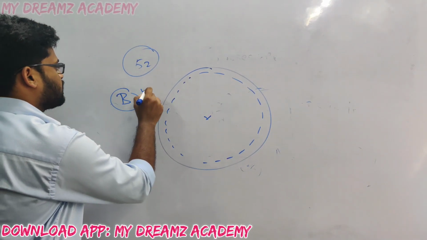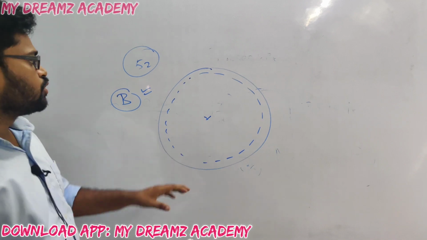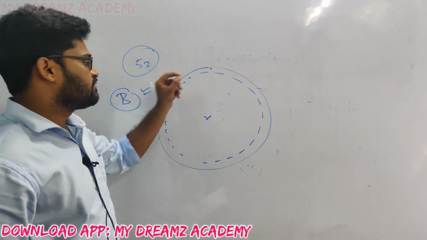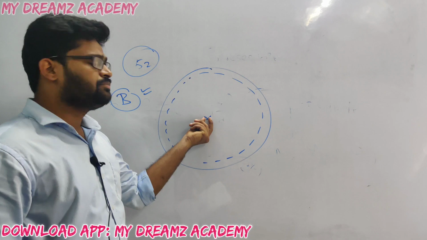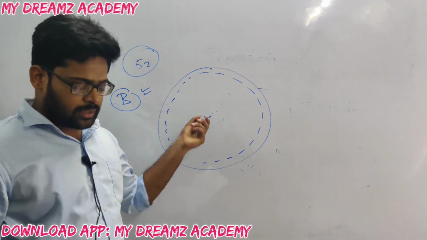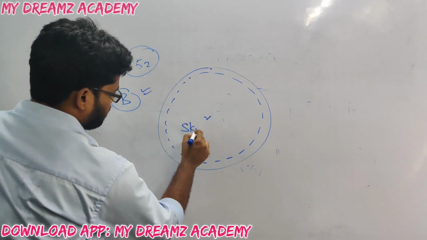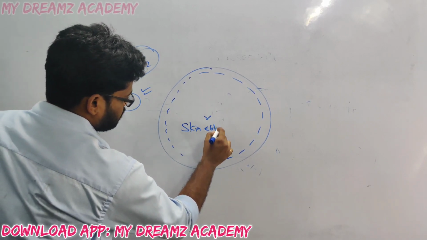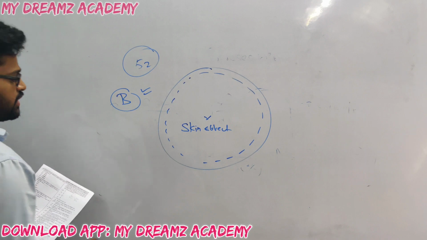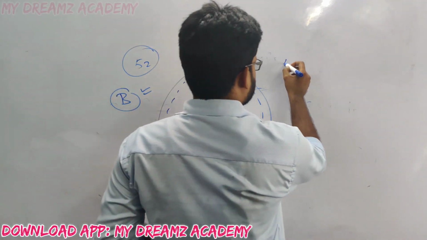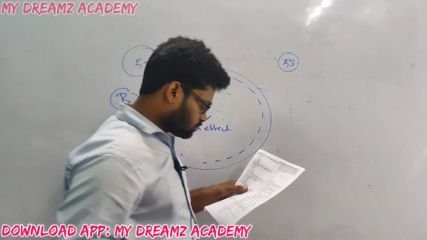Option B is correct for the 52nd question. More current will flow from the surface of the conductor and less current from the center of the conductor. This is called skin effect.